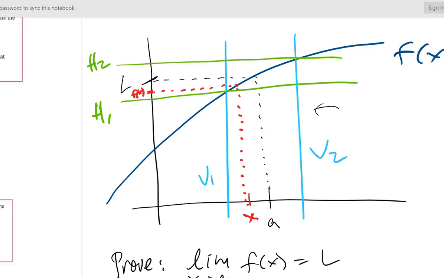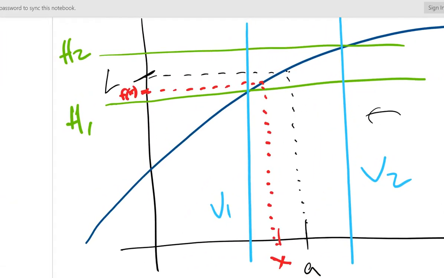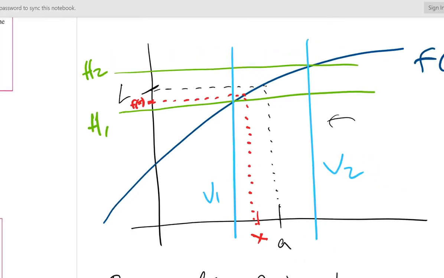So here's the deal. Someone could give you these two horizontal lines really, really close to L. Well, then the vertical lines will change. Let me draw that in purple. Someone could say, okay, well, what about these two?